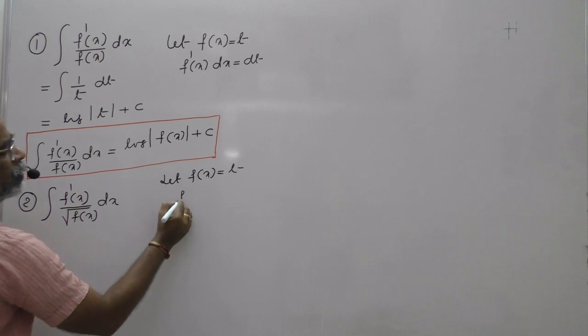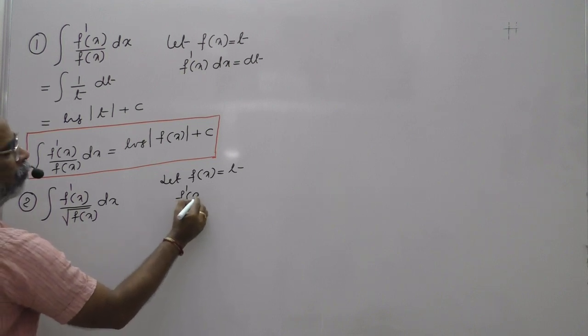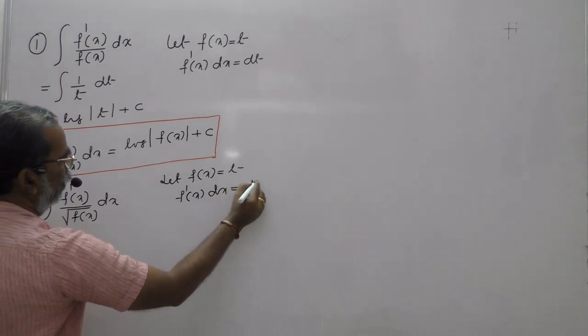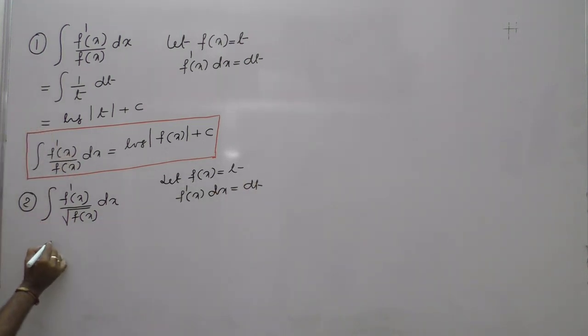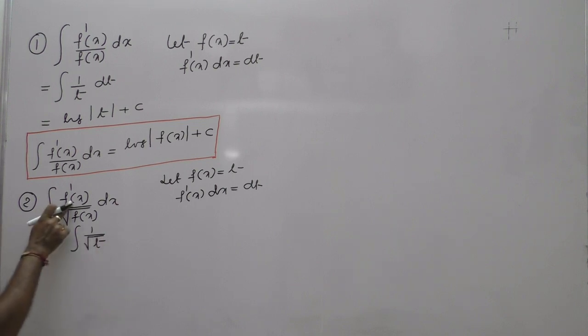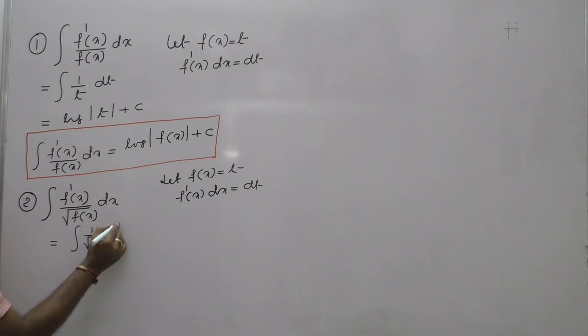If I differentiate this, f dash x dx is equal to dt. With this substitution, the given integral becomes 1 divided by root t, dt.